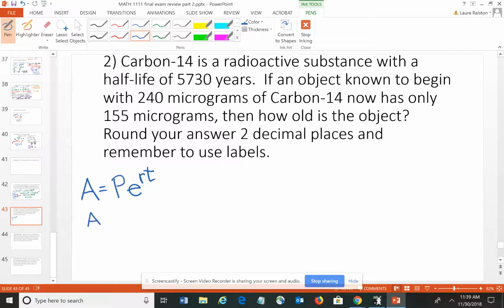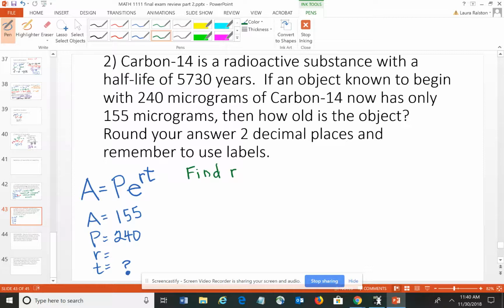In this problem, if I look at it initially, I'm a little bit at odds, because I know that we start with 2,040 micrograms and we're going to end with 155, and we're trying to figure out how old, so that's t, but I'm also missing r. But I have enough information that I can find r, so I have to do that first. I have to figure r, which is the rate of decay.